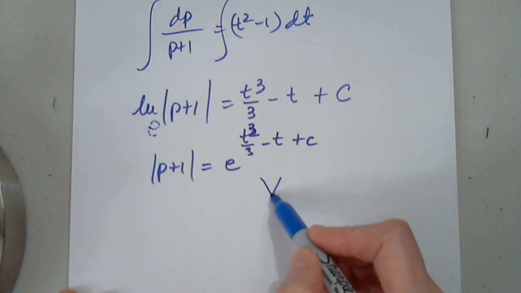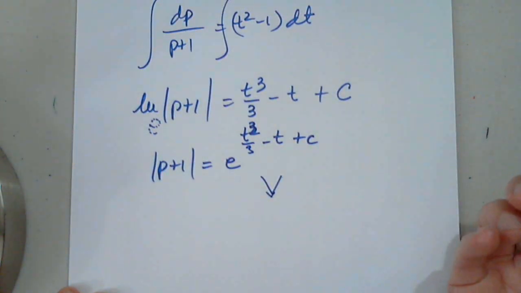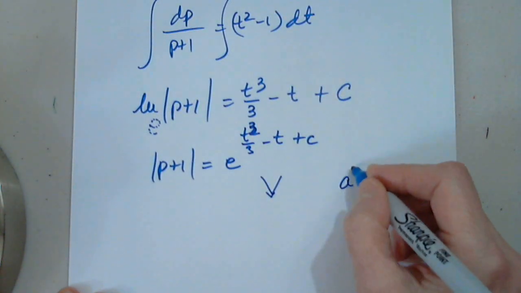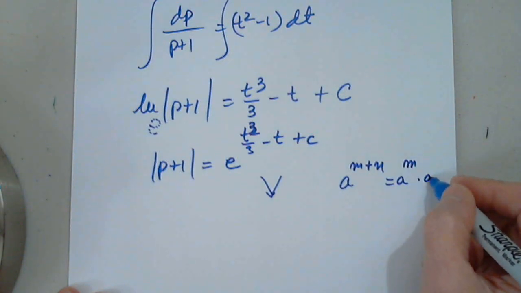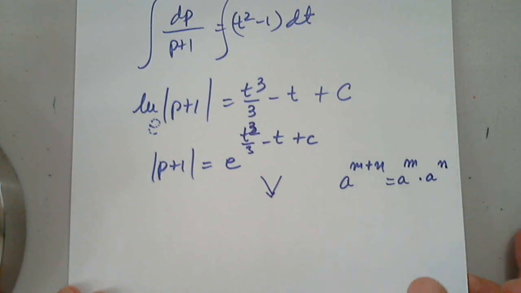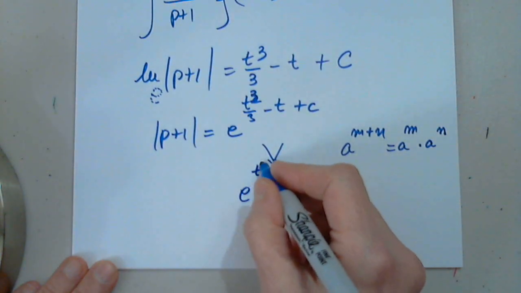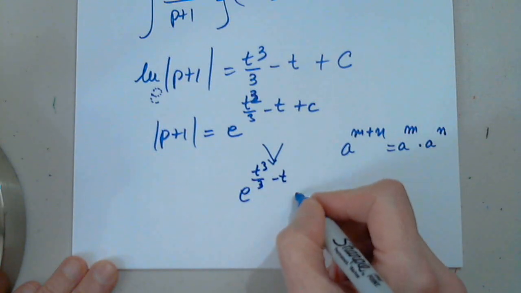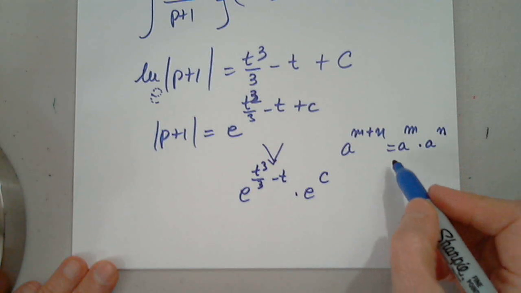At this point, I hope you remember one exponential rule that says that a to m plus n is a to m times a to n. So for that reason, I will split this into e to t cubed over 3 minus t times e to c. We can go back and forth.